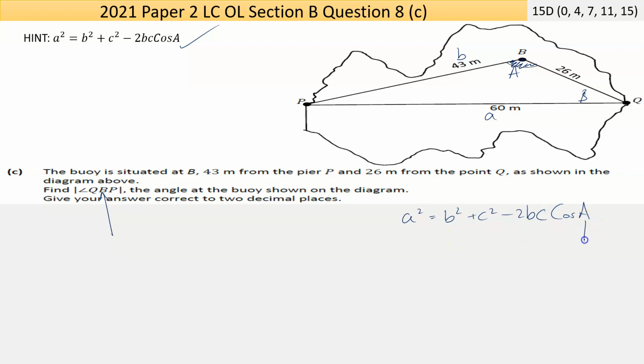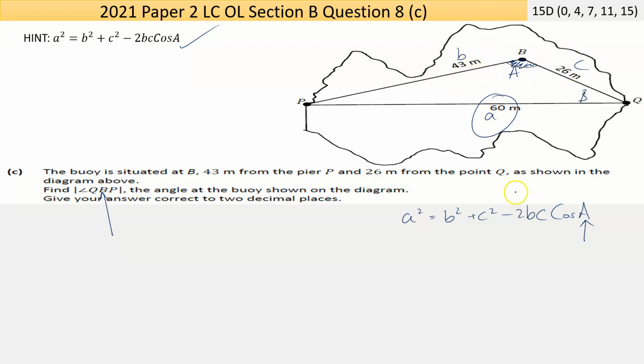It's asking me for the angle, which is in a weird place, on its own here. Do I have all three sides, a, b, c? I do, as long as I remember that this 60 has to be a, because it's across from the angle A. It doesn't matter which I call b. I'm going to call that b.